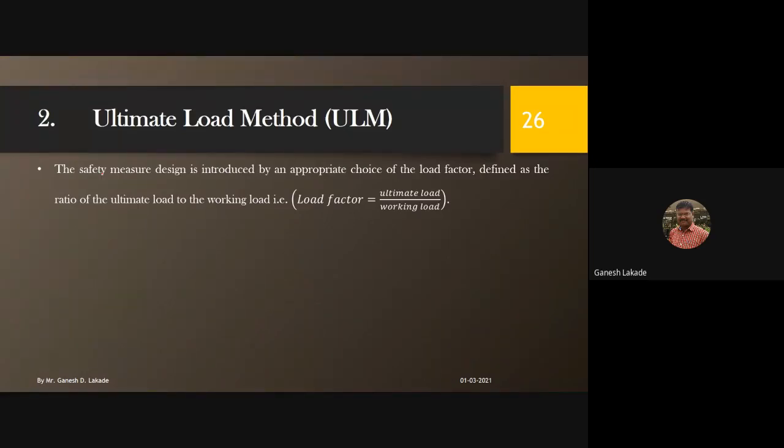Some importance is also given to safety. For this safety measure, the design is introduced by an appropriate choice of load factor, and the load factor is defined as the ratio of ultimate load to working load.